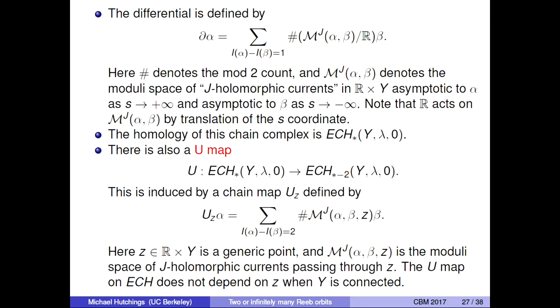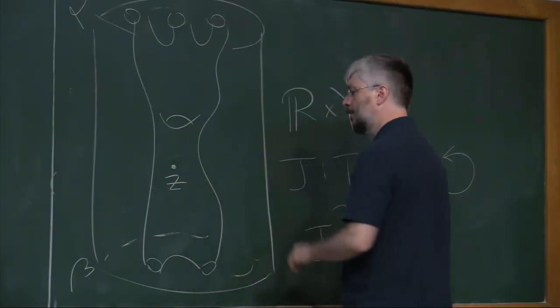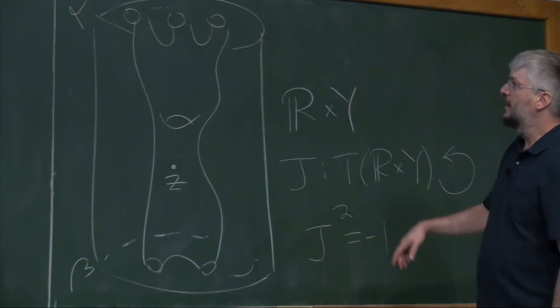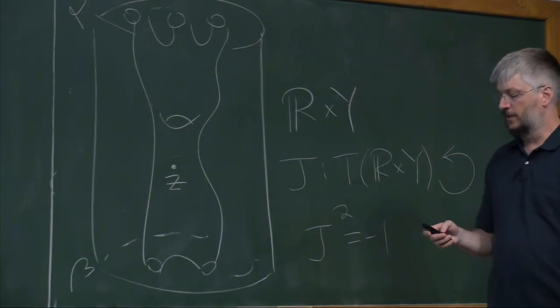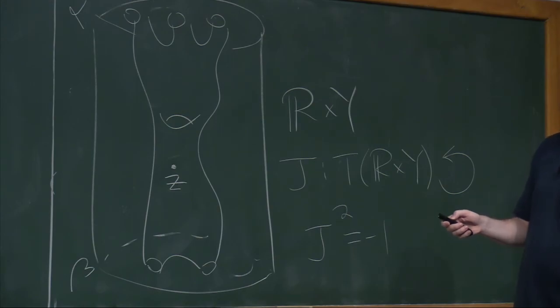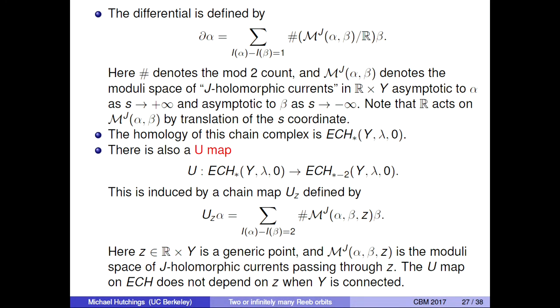So I pick a base point Z in R cross Y, and I count curves. Now this grading difference is 2 because these curves will live in 2-dimensional moduli spaces. And I require them to go through this point Z, which puts a codimension 2 constraint on them. So I get some finite count of curves, and this count gives me a chain map, which induces this U map.